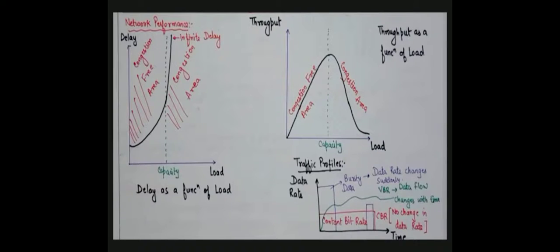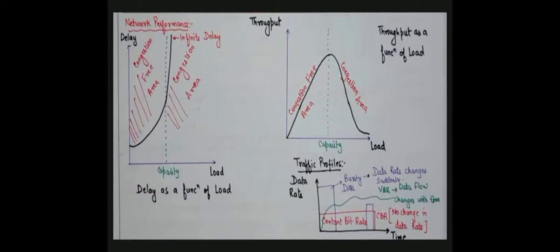What is meant by load and what is meant by throughput? Also the traffic profile. I will discuss load first. We have to draw the graph of load versus delay.